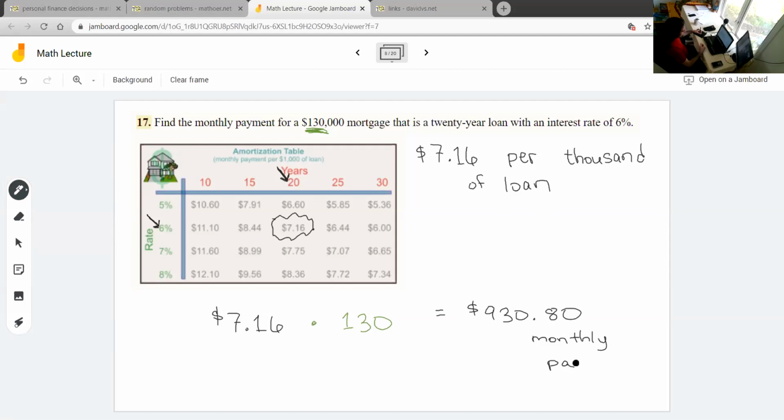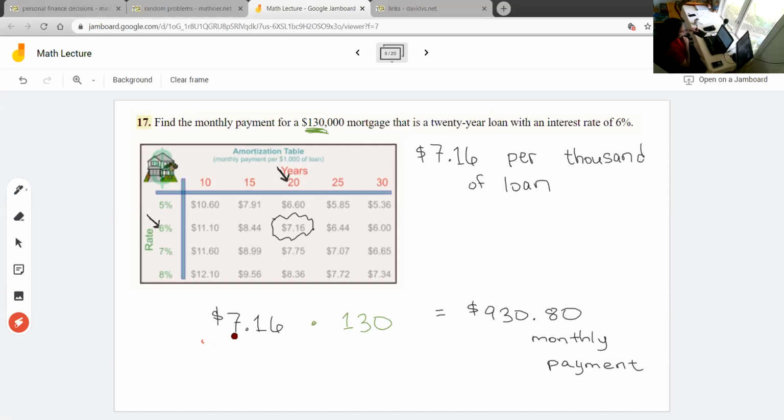Slowly, the loan will get paid off, the interest will build up, and at the end of 20 years, their last payment, it'll all work out, and they'll have paid off their mortgage. You could imagine them going to the bank with a suitcase full of money and handing the bank teller $7.16.